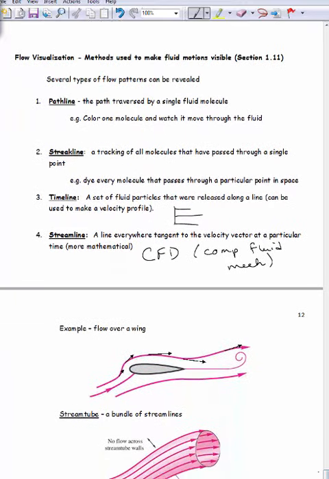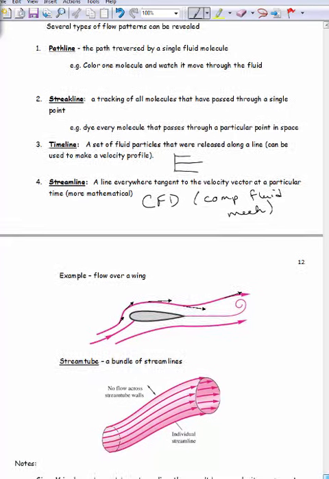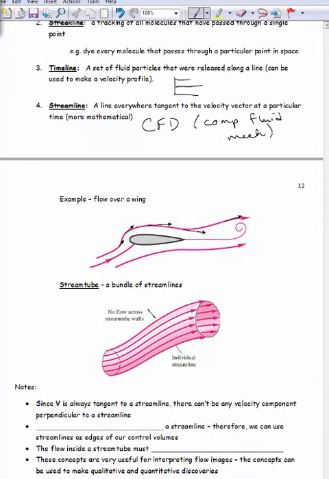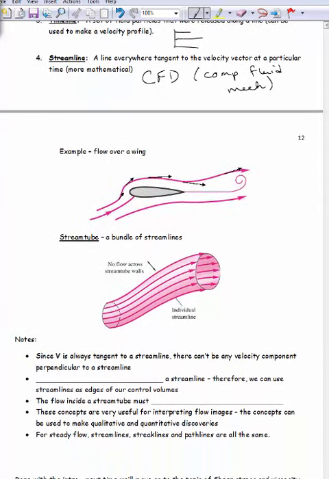So for flow over a wing, if you see, for instance, all these velocity vectors, you draw a line that's tangent to all those velocity vectors, what you end up with is a streamline. Okay, and a streamline is actually very useful for us.